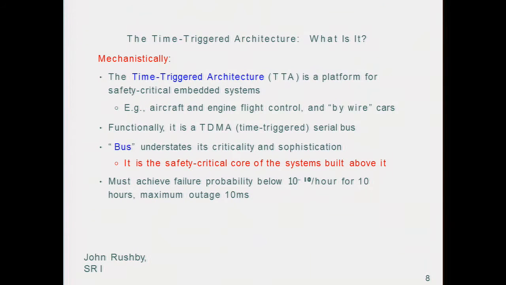model. Now, it's important because we have safety critical things, and so the requirements that are in general placed on this network is that you have a failure probability below 10 to the minus 10 failures per hour for 10 hours, and maximum outage of these few faults that may occur has to be less than 10 milliseconds.